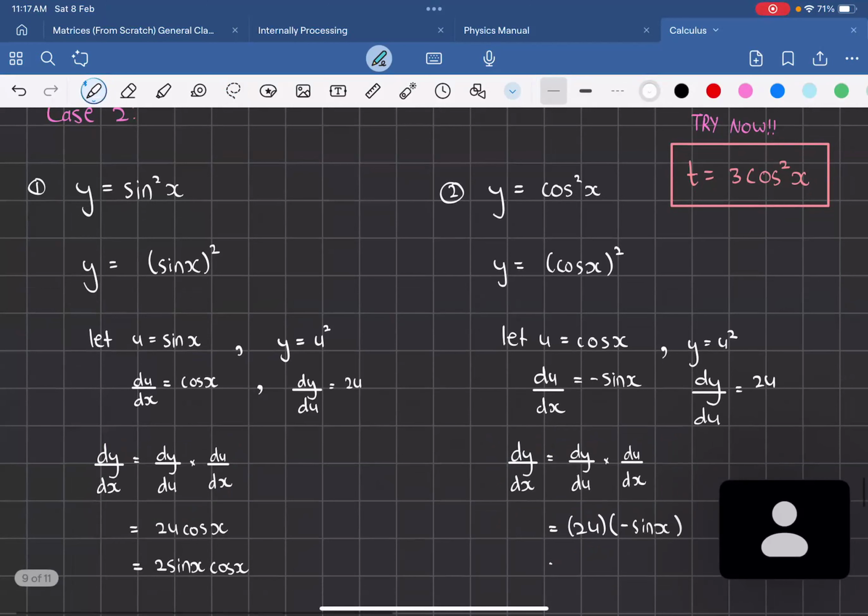The negative by the 2 is negative 2. We recall what the u was: the u was cos x. So the answer is minus 2 cos x sine x.